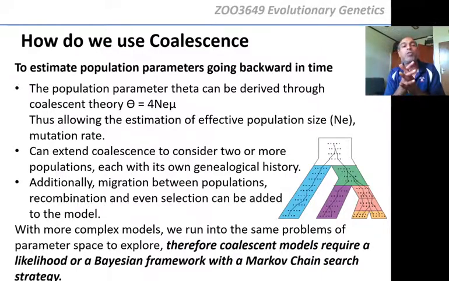It marries the two of them into a powerful framework of looking backwards in time, retracing the lines of descent of the tree, but at the same time working out the population parameters going backwards in time. Okay? And that is why the coalescent approach is the best approach we have in genetics at the moment.